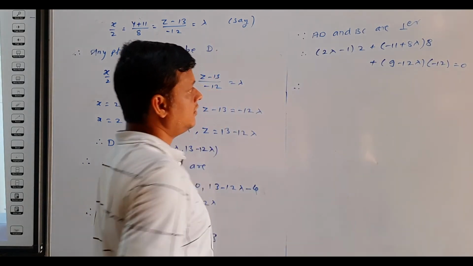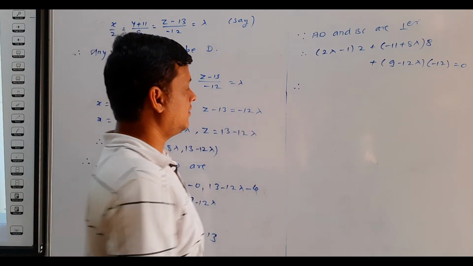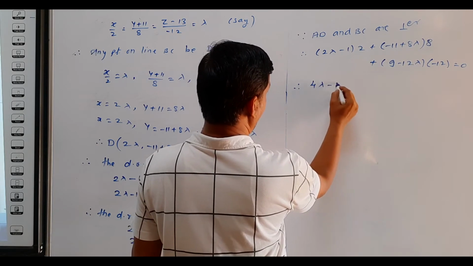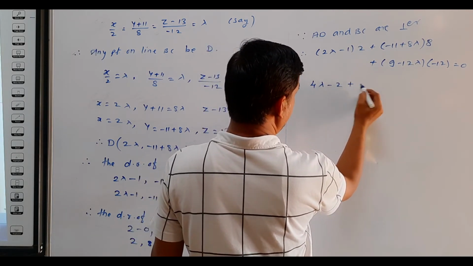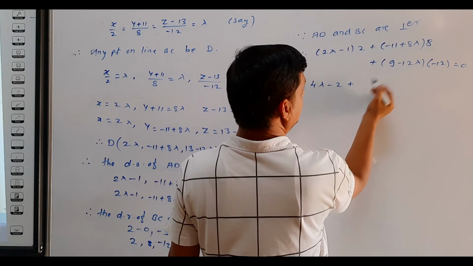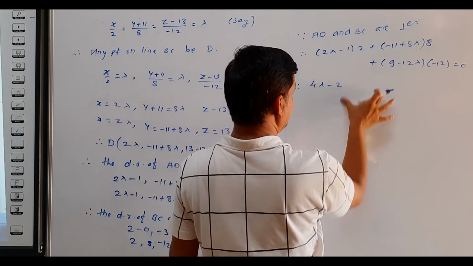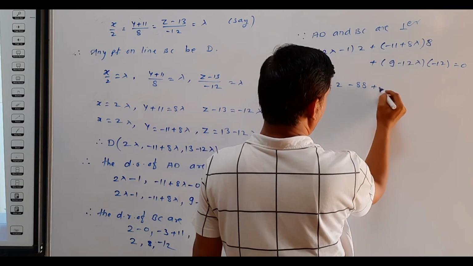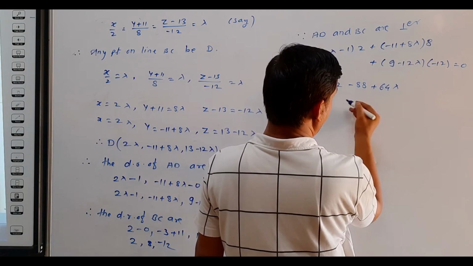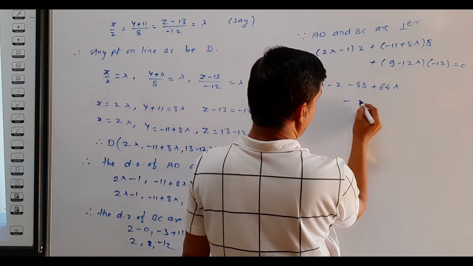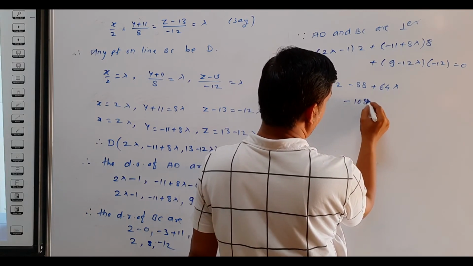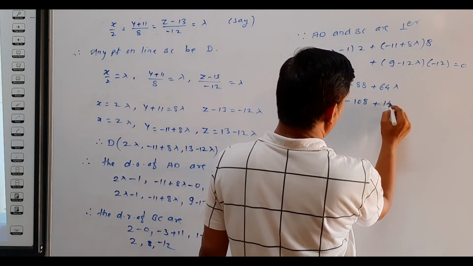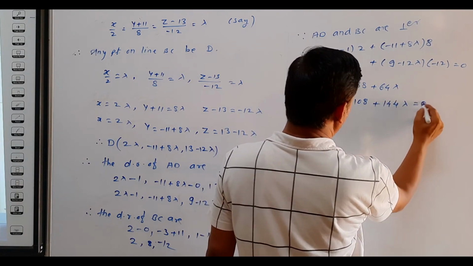So we have to multiply these brackets. 2 into 2, 4 lambda minus 2, plus minus 11 into 8, which is minus 88, plus 64 lambda, plus minus 108 plus 144 lambda is equal to 0.